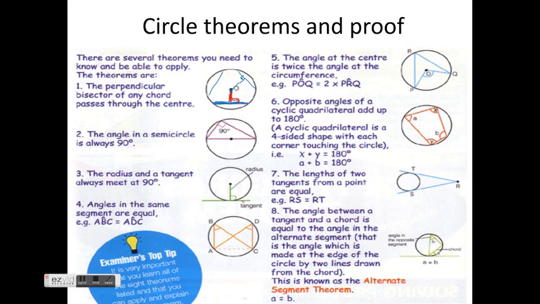Another thing that you might find useful to know is that chords split the circle into two segments. So if I try to clear this up, okay, so for example, this chord here that they gave me in the question splits the circle into a major segment, which is this. That's a major segment.